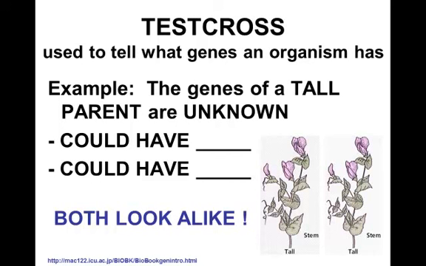For example, if I look at a tall pea plant, I really can't tell whether my parent genotype is big T, big T, that would look tall, or it could have this genotype, big T, little t. Both of those plants are going to look the same way. They're going to show the same phenotype. I can't really tell what genes they have by looking at them.